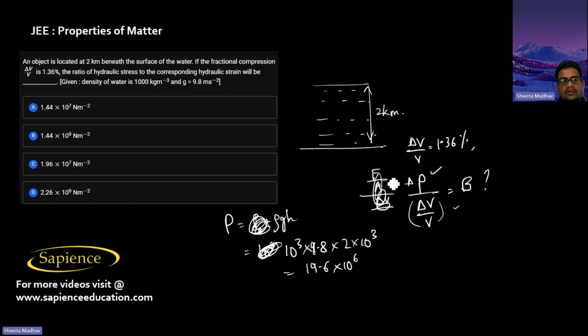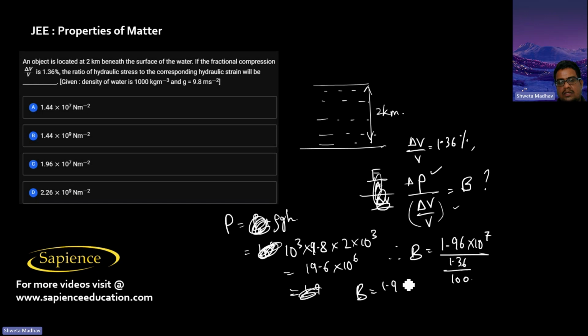And delta V by V is 1.36%. So therefore the bulk modulus is 1.96 into 10 power 7 divided by 1.36 by 100. Which means the bulk modulus is 1.96 by 1.36 into 10 power 9 Newton per meter square.